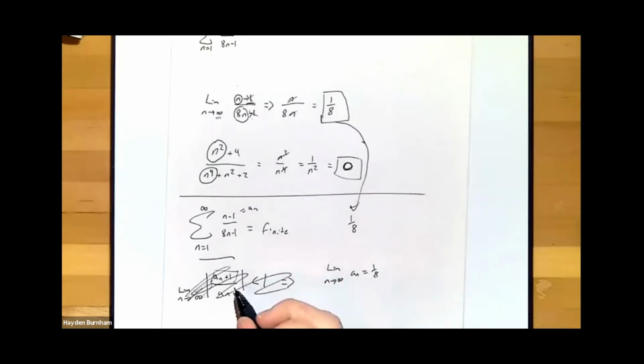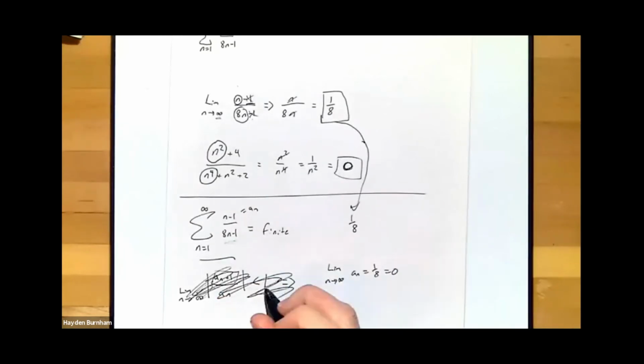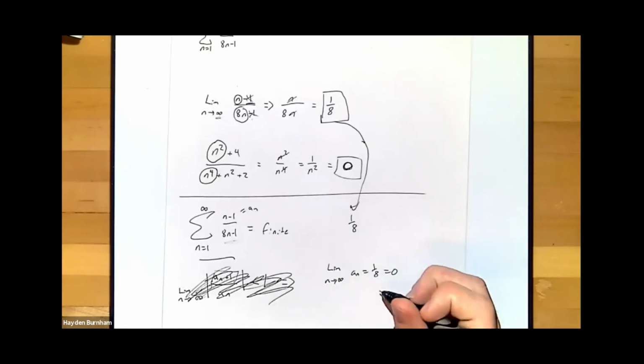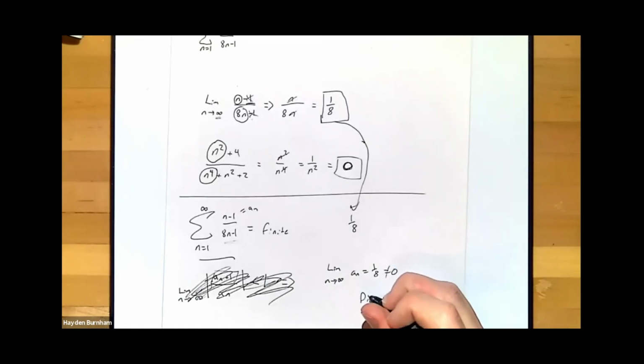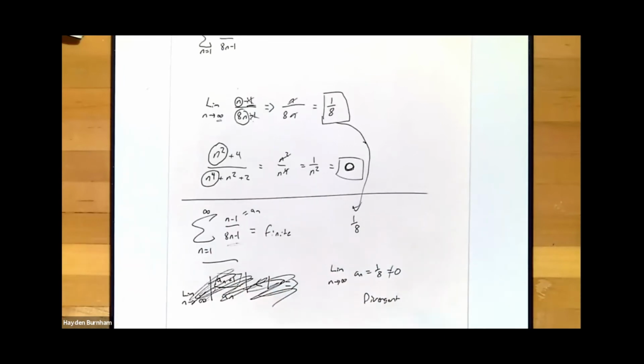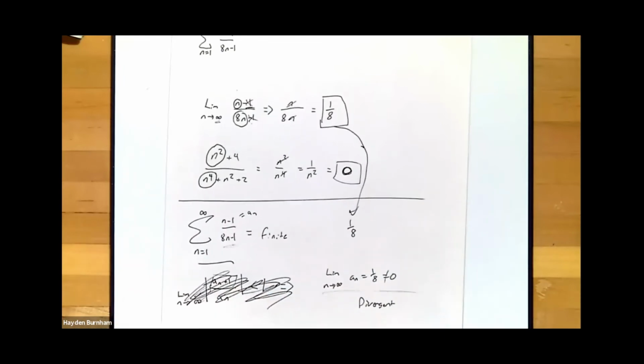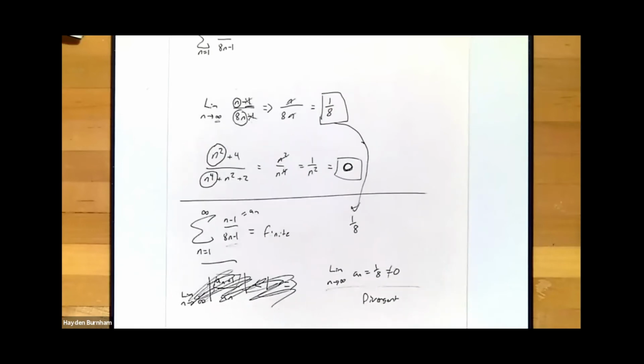So the actual rule for the series is that the limit of this has to equal 0. Ignore the other part, I was getting things mixed up with the previous note. Yes, you're right, it does diverge. Because this does not equal 0, this is divergent. Sorry about that.